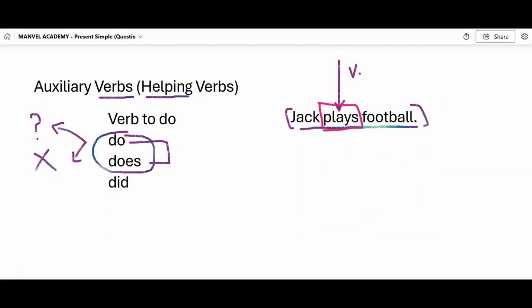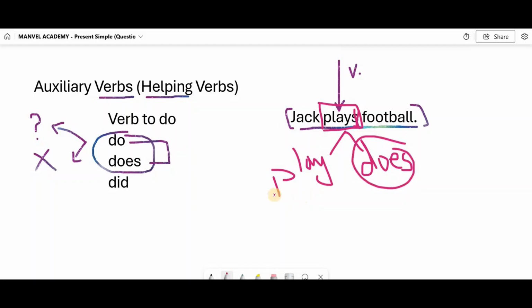Plays. There are two things in plays. There is does, because I have S, and play, because I took the S away from plays, because I said does. So play can't have an S. The S is does. So plays is play plus does.